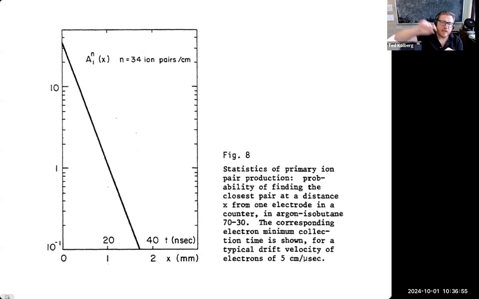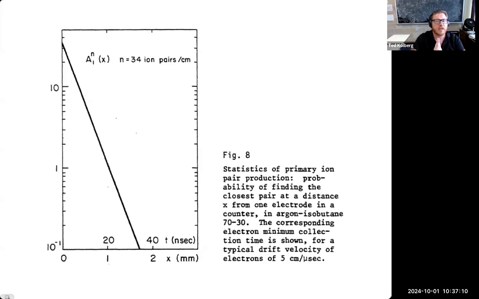Even if I send the same track on the same trajectory, so imagine I have a collimated source of protons going through my chamber. So all the protons are going through on the same trajectory, and that means that they're the same distance away.